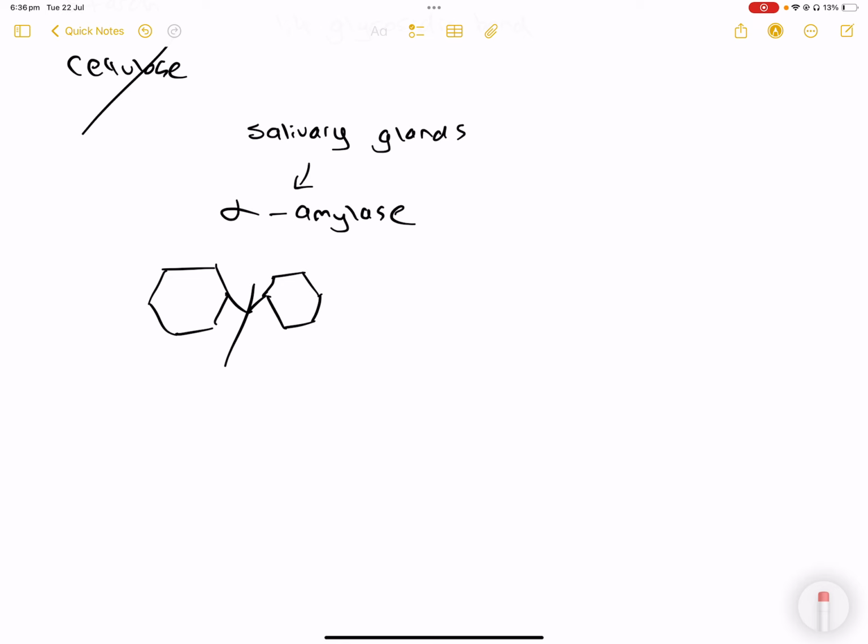And now it's going throughout our system, and we get to the small intestines. And in the small intestines, remember CCK, exact same thing, acts on the pancreas. This is the exocrine function again. And it releases what?